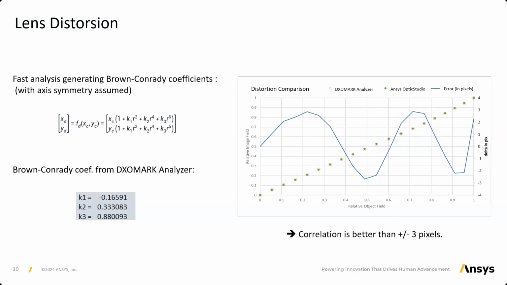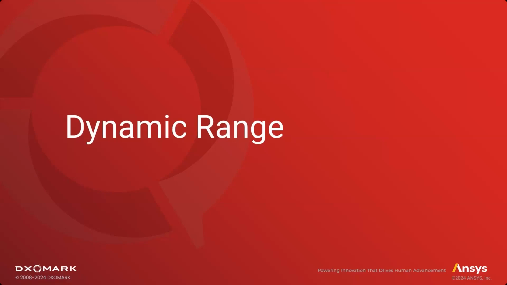We can see that the correlation is about or better than plus or minus 3 pixels, which is very good in this case, taking into account the fact that we just used the three main coefficients from the Brown-Conrady model. And so now we can switch to the other bench we work on.